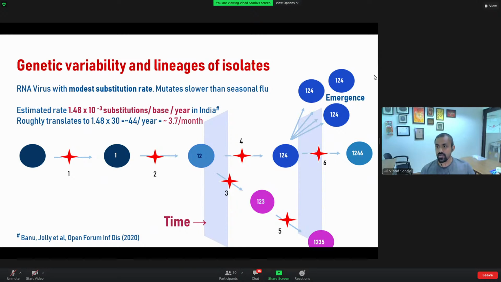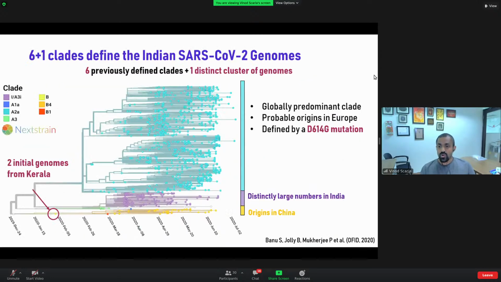In this particular case, let's call it for the namesake 1 to 4, in comparison to the other lineages which are prevalent across. Now, one of these lineages which we early identified in April and May of this pandemic was this very unique and distinct lineage, which is colored in violet in here, which we call as the A3I.